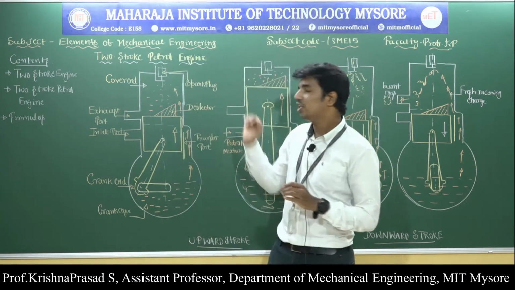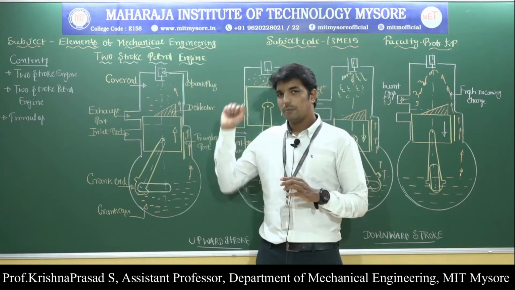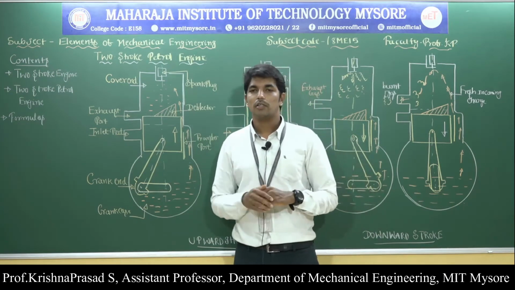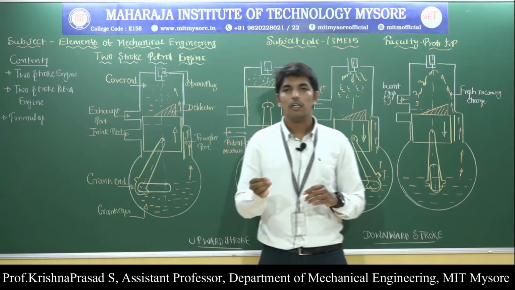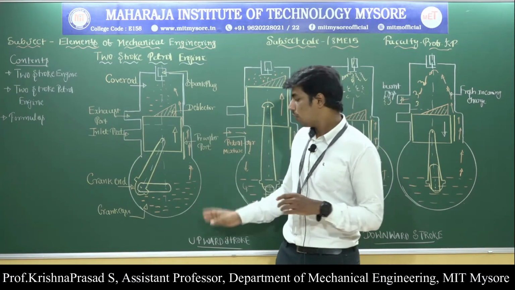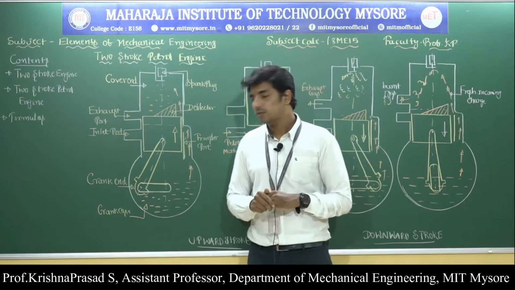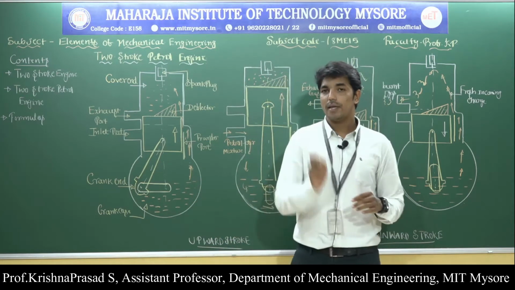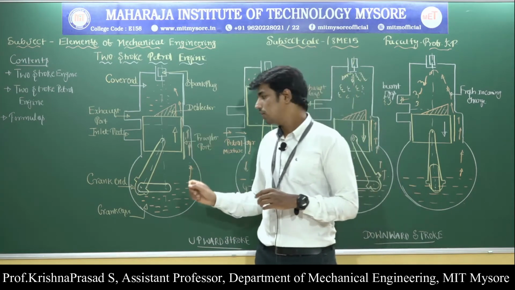Then what is meant by the two-stroke petrol engine? It works on the theoretical Otto cycle, also called the constant volume heat addition cycle. So what happens during the upward stroke? Observe here. We need to make an assumption in the case of the two-stroke petrol engine.